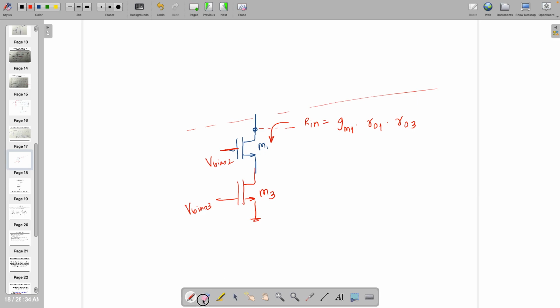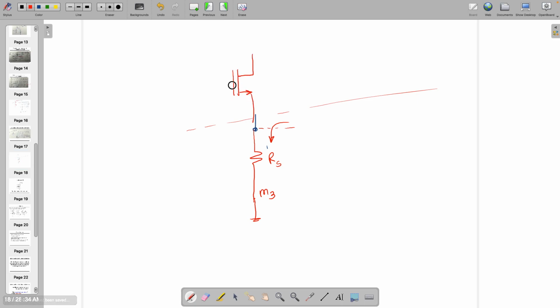If this is the resistance, let's replace the whole thing with this resistance and name it as some RS. And if I keep here one more transistor, which is M1, now what resistance should I see?